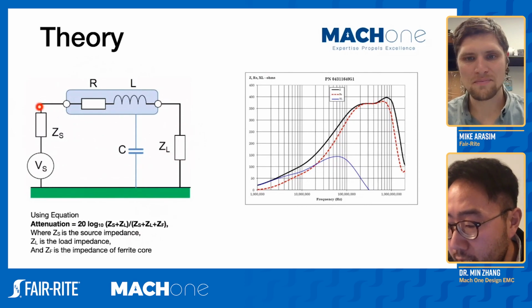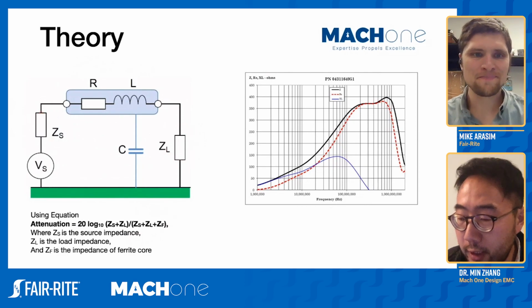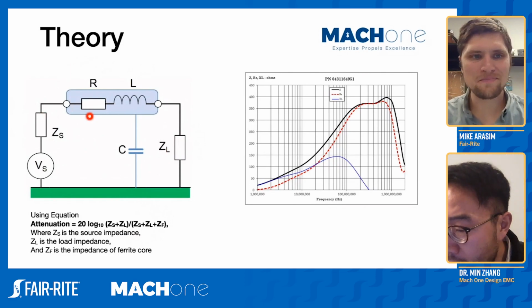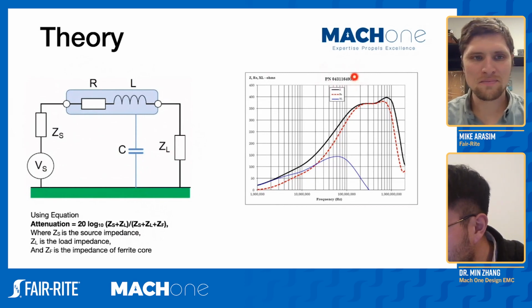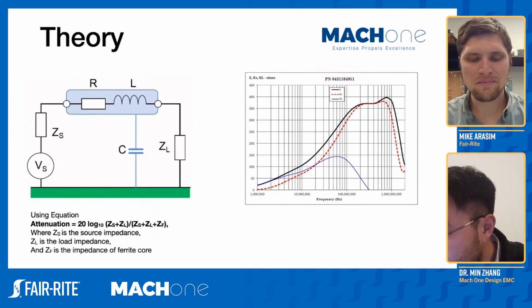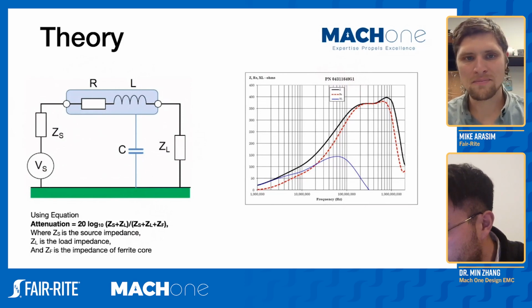So these also change with frequency. Now if we just look at the ferrite core material, I'm using a 0431 ferrite from Fair-Rite, and this gives me the impedance against frequency curve.